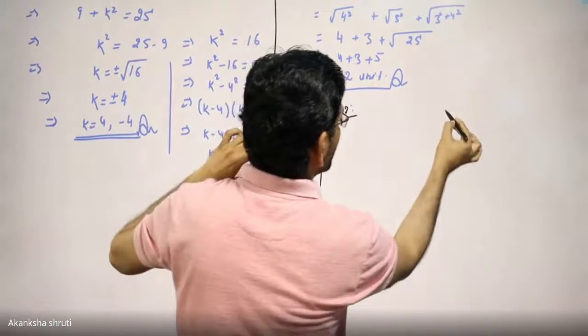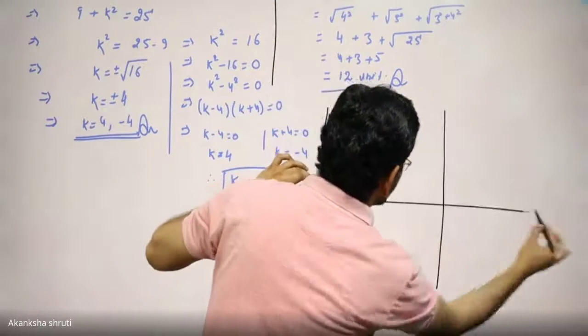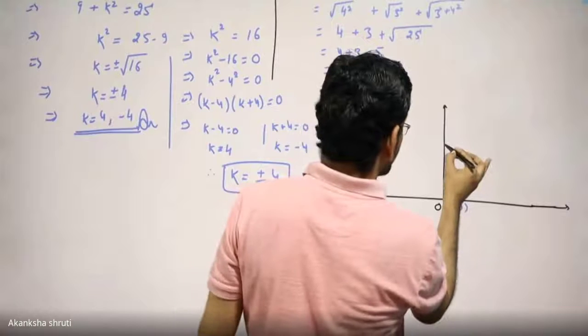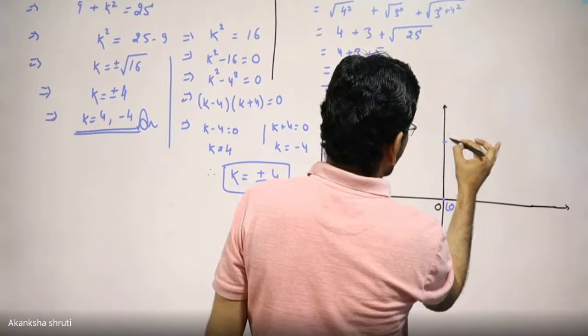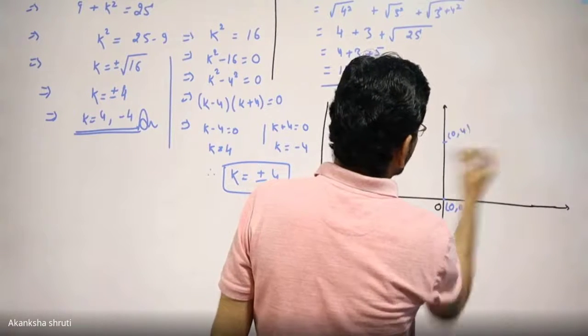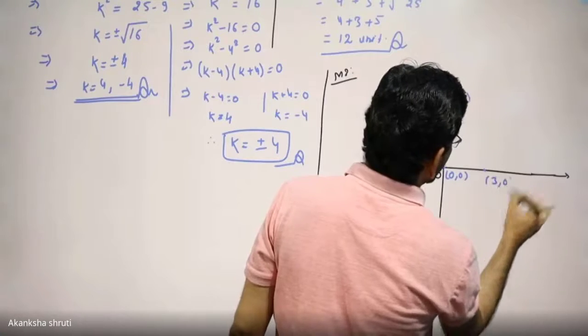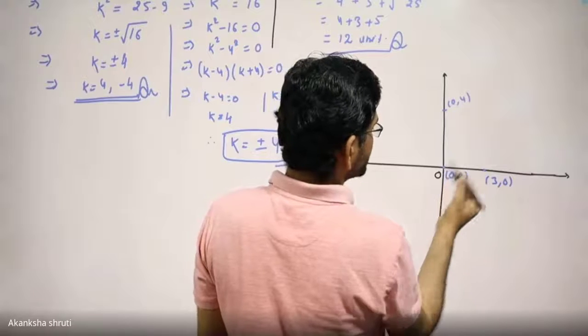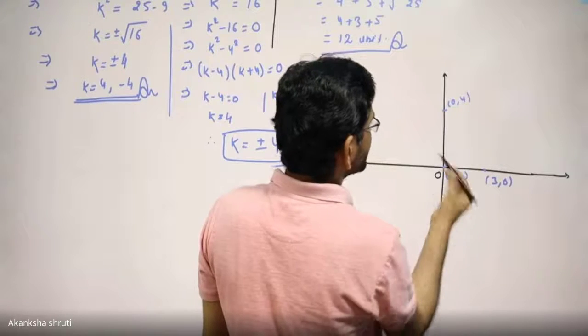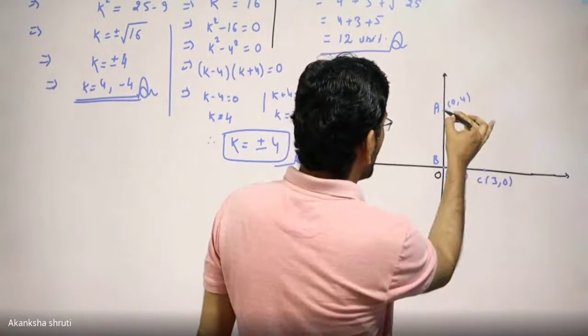Students, if we are plotting it on the coordinate system, x is 0, y is 4. So it is x is 0, y is 4, this one. The third one is 3, 0. Students, these are the points. We may mark these as A, B, C, the triangle formed by these 3 points.